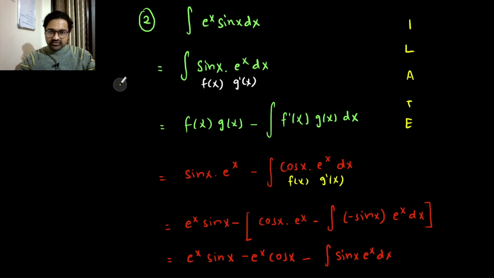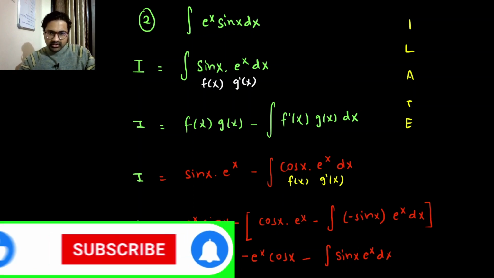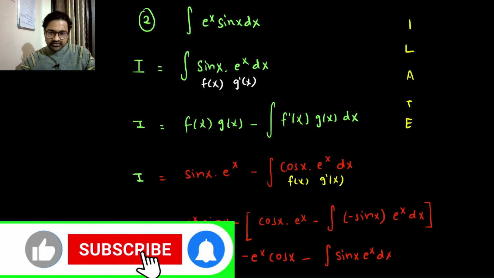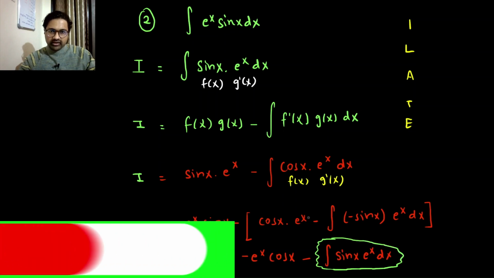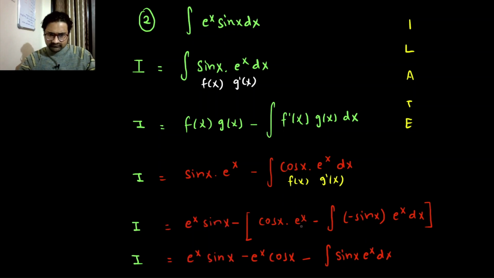And the procedure now to get out of this and find our answer is to consider our question as I. So let's say our question is I. So this becomes I is equal to e raised to x sine x minus e raised to x cos x minus, and don't you think that now I can replace this integral with an I as well? Right?